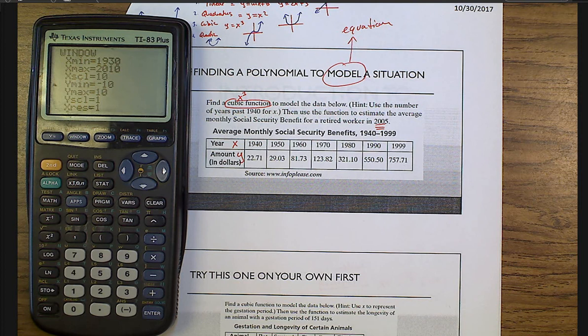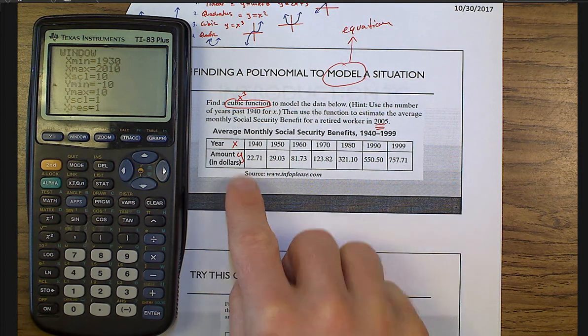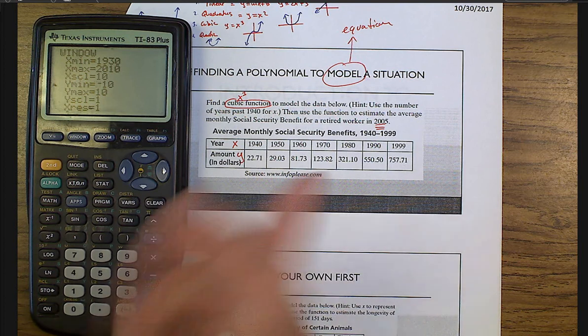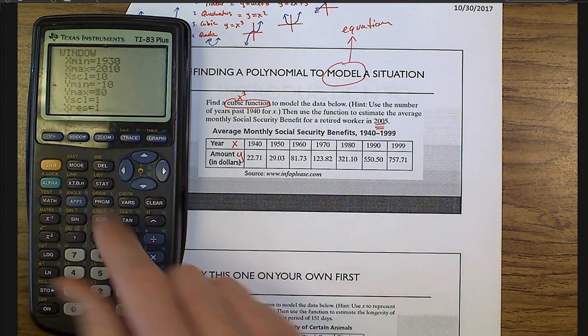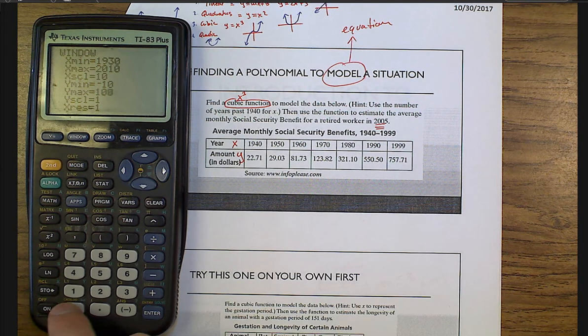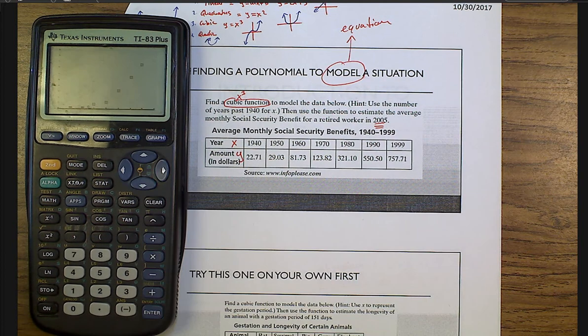My y minimum I can keep as -10, it's not a big deal. My y max, I'm up to 700, maybe I'll go 1,000. And I'll make my scale 100. And let's see when I graph these if they show up. There you go. Okay, so there's my plots.